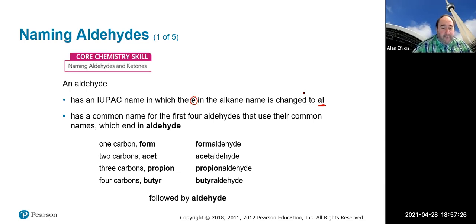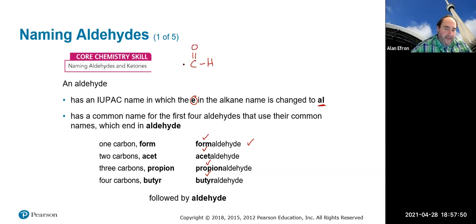There are some common names that are used, and these are formaldehyde, acetaldehyde, propionaldehyde, butyraldehyde. Formaldehyde is basically 1 carbon, and it looks something like this. Let me actually draw it correctly there.